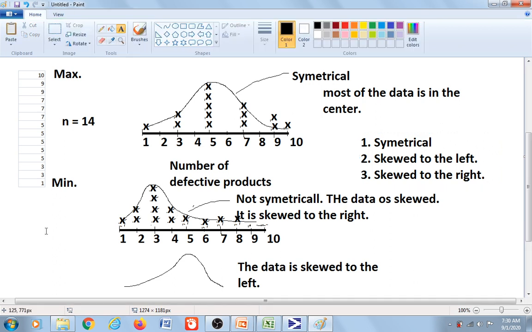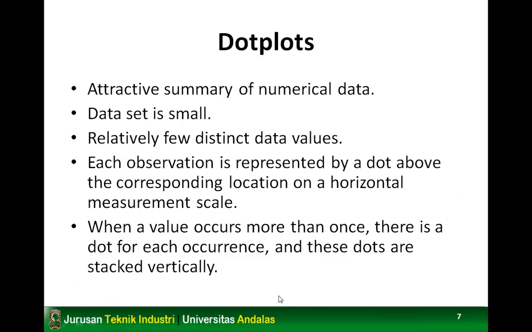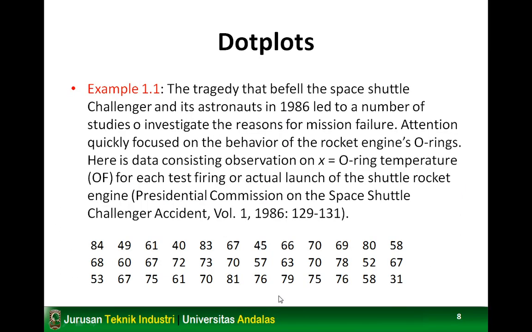So this is the dot plot, and it should be a dot, but I don't put a dot over here. I just put an X to represent an observation. So I'm going back to the slide. It is another example of dot plots, and as you can see, we have several observations here.